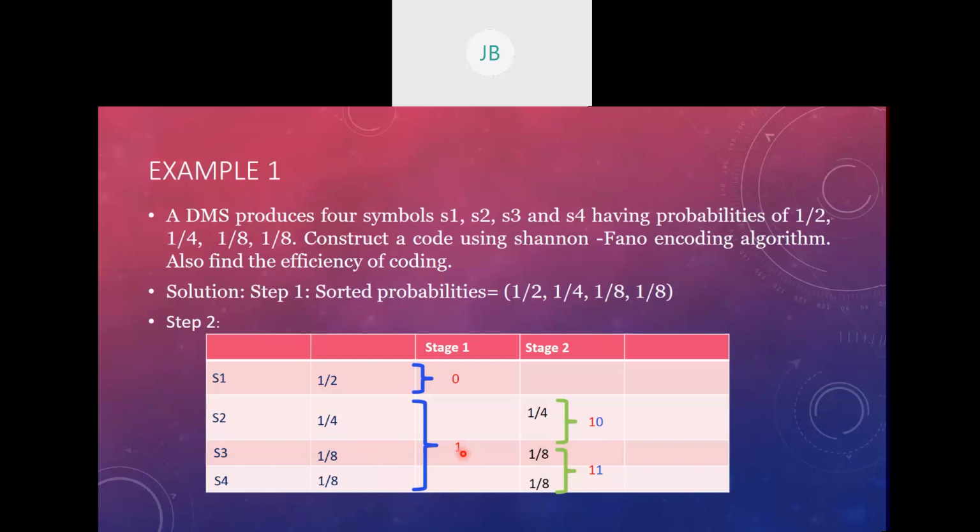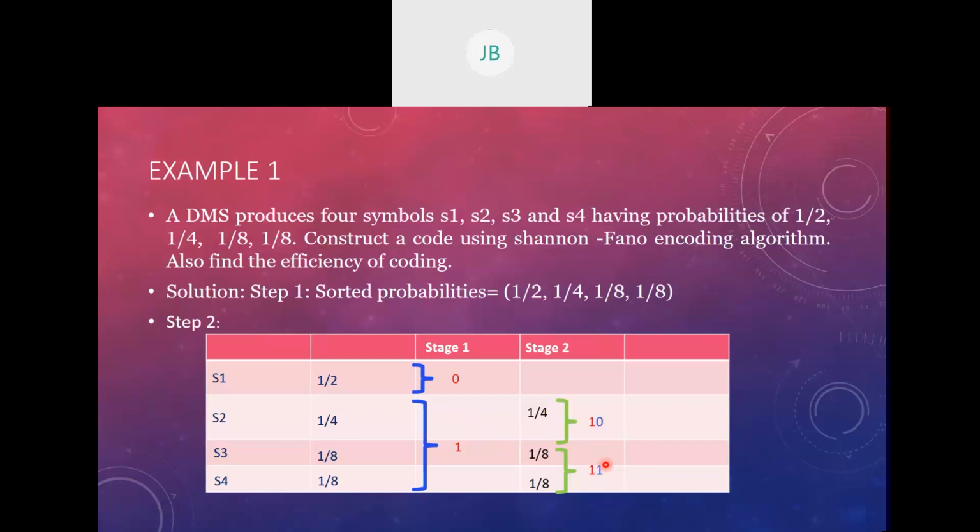So that will be carried forward here, 1, the red color. And right now, the upper group will have a 0 and the lower group will have a 1, as done similarly in the first stage. The upper group had a 0 and lower group had a 1. So that's what the Shannon-Fano encoding algorithm suggests. The top group will have a 0, bottom group will have a 1. So this is what the coding assigned in the second stage.